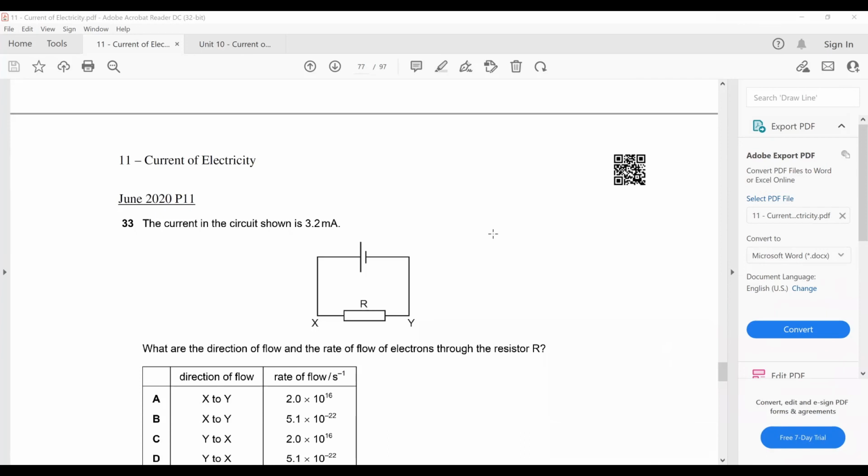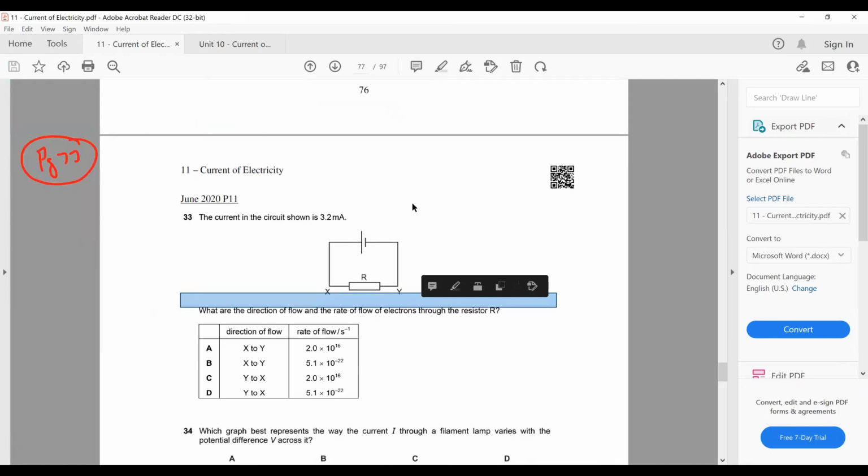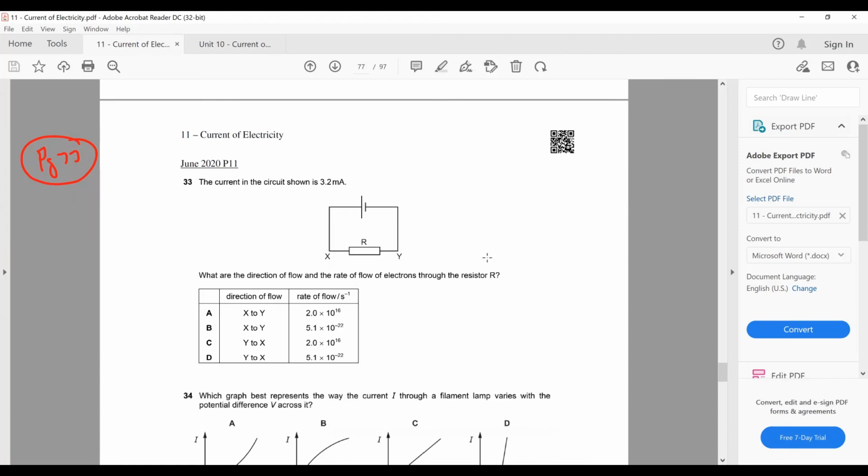Okay, let's have a look at page 77. The current shown in the circuit is 3.2 milliamps.